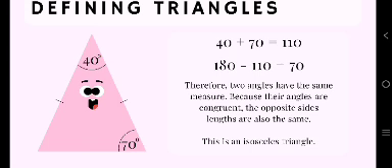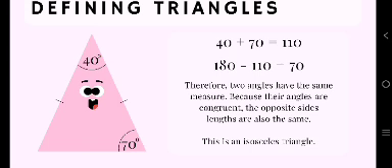We always know that the sum of all three angles is 180 degrees. So 180 minus 110 gives 70. Therefore, two angles have the same measures. We already have 70 degrees, and the one that we have received is also 70 degrees.